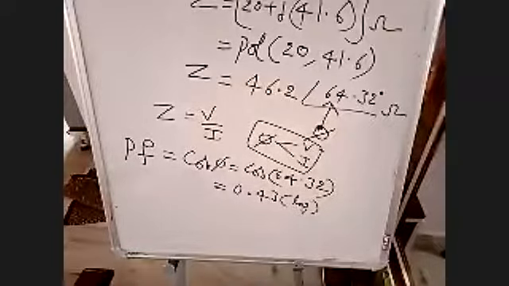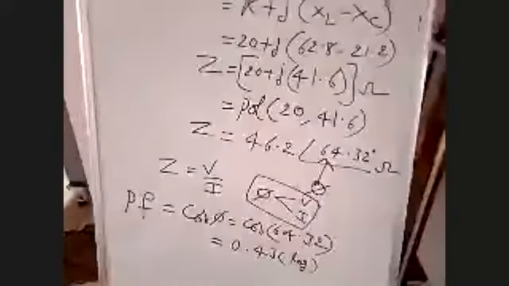Because XL is greater than XC. See, in your problem, XL is greater than XC. If XL is greater than XC, that is an inductive circuit. Suppose XC is greater than XL, then the circuit is capacitive and the power factor is leading. Please remember, if XL is greater than XC, your power factor is lagging.